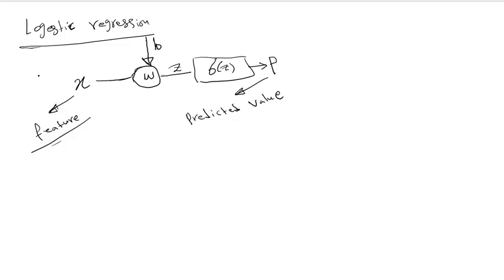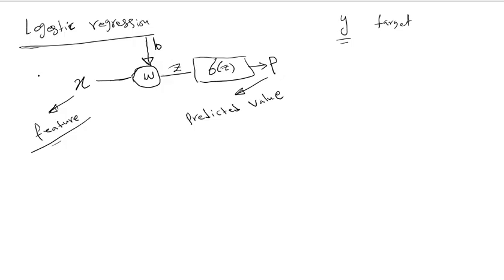And data in classification has a target and label. So Y is the target or label for our data. Each feature belongs to a specific class.